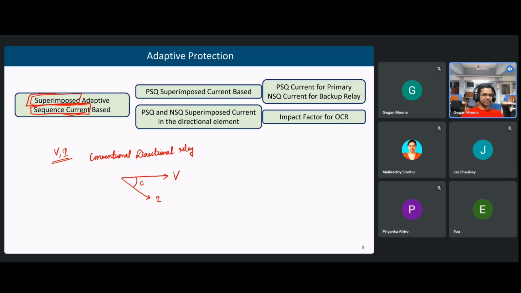Then we check the phase angle, and based upon the phase angle, we determine whether the fault is in front of or behind the relay. But here we are using only sequence current. We are not using voltage. We are only using current, and that too the superimposed component.